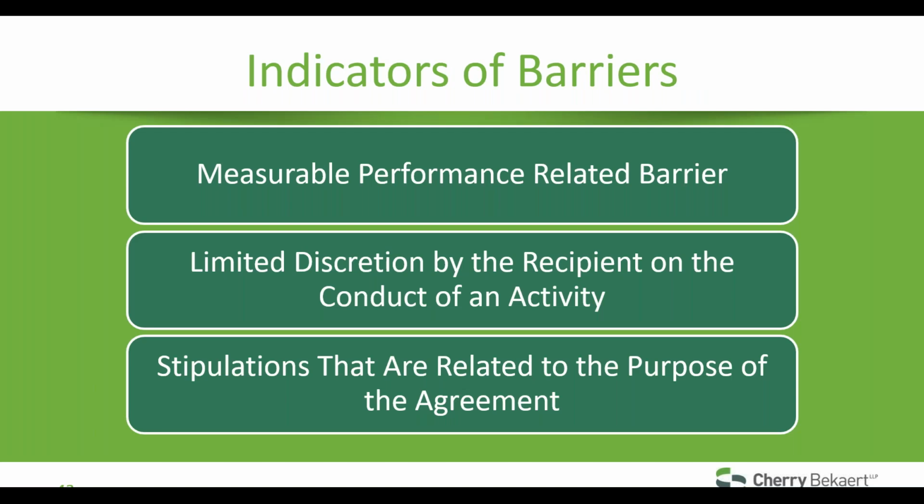The first one is you may have measurable performance-related barriers. And those are typical things like where outcomes are specified, there's specific outputs, there's a level of service. For example, the grant may say that in order for the recipient to receive the funds, they must attain a specific level of service. For example, they must serve 1,000 people.